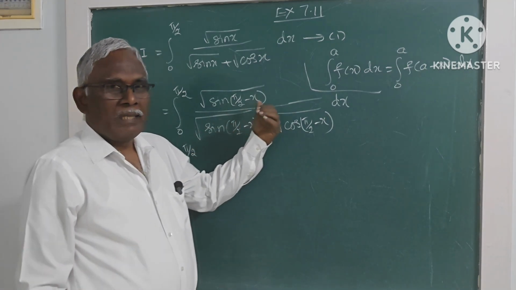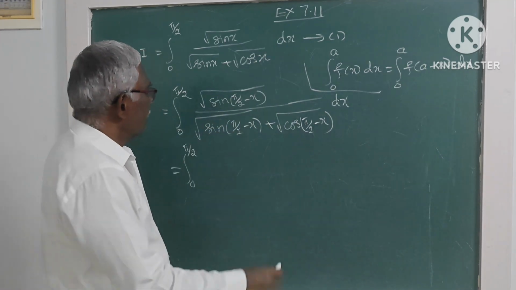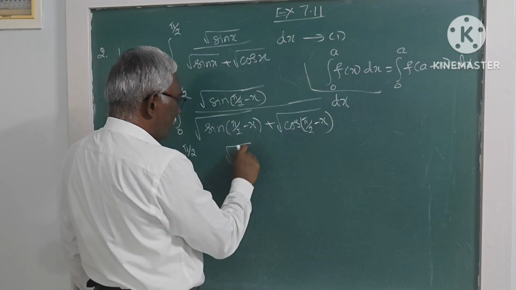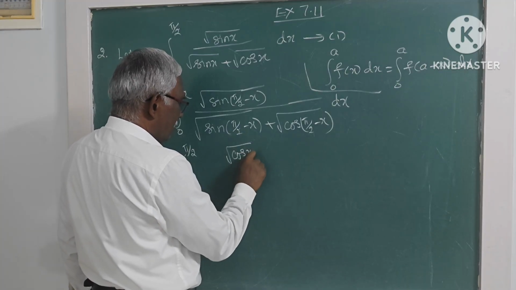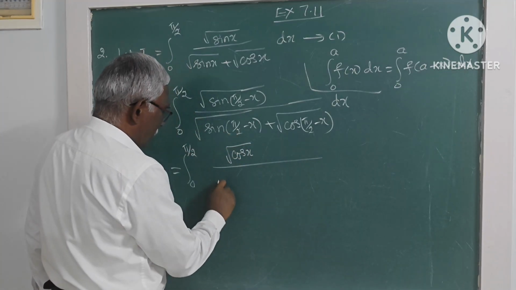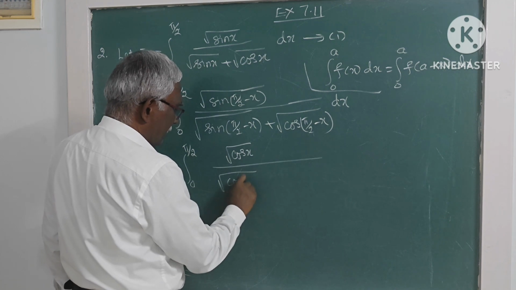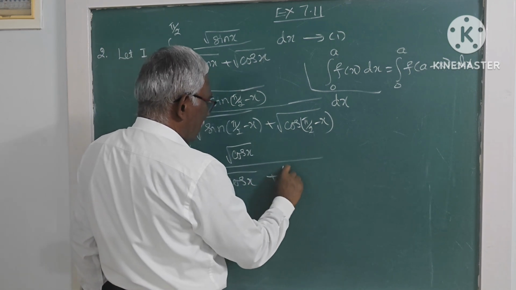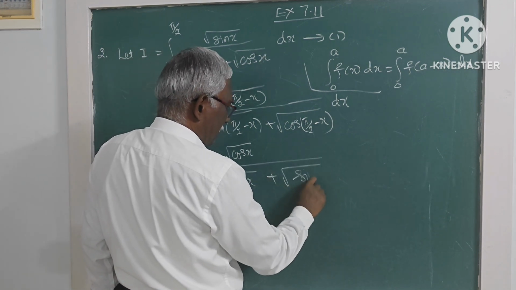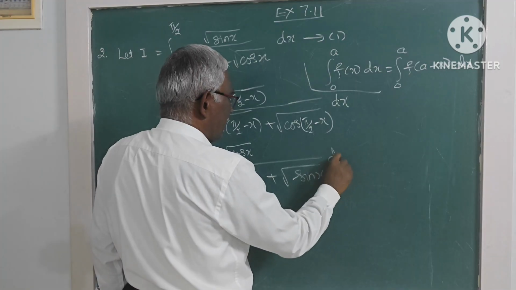Again we know that sin of 90 minus x is cos x. So this will be square root of cos x by square root of cos x plus square root of sin x dx.